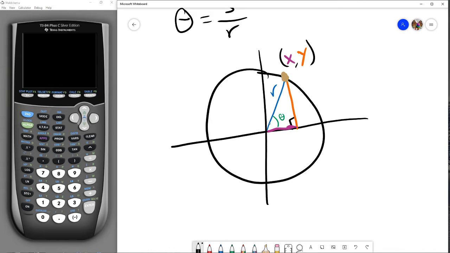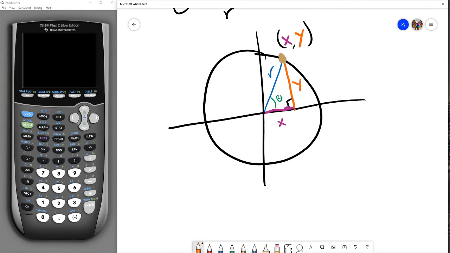And this point is going to have the coordinate x comma y, where x is going to be the length of this segment here, since we're going straight across horizontally. So this is our x, and then since we're going straight up, this distance from the x-axis straight up, that's a distance of y, and so that's why our point is x comma y.